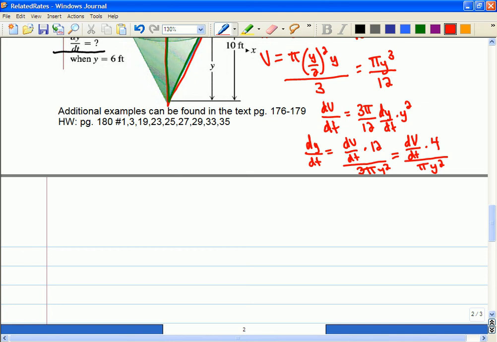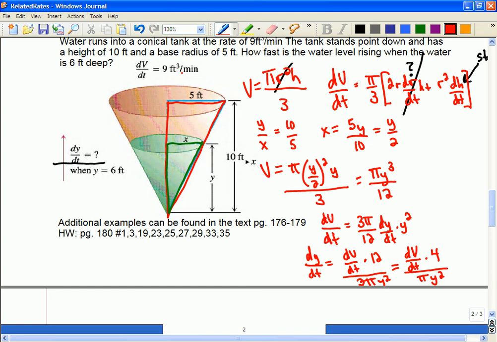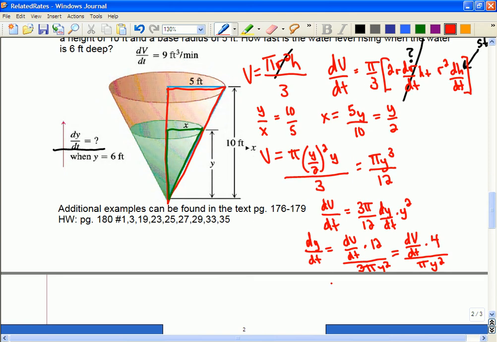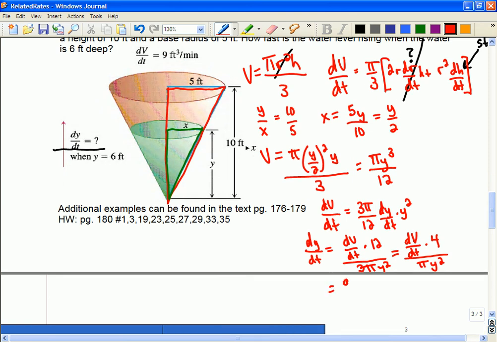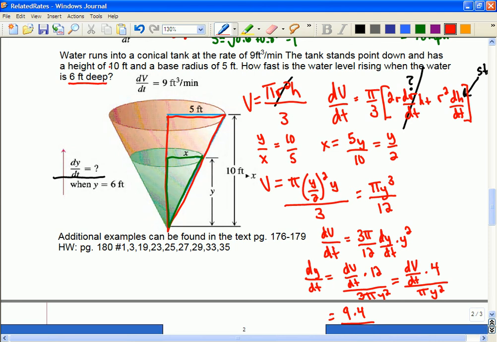Okay, so then if I substitute in the values we were given, dV/dt is 9 cubic feet per minute. It's positive for a reason. It is definitely flowing in, so the volume is getting larger. And on the bottom I have pi and a height of, at that instant, 6 feet deep.